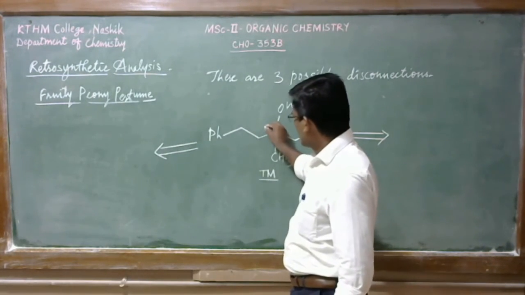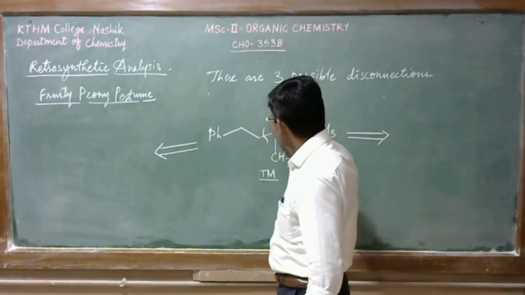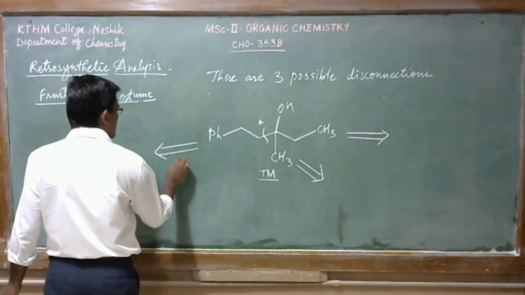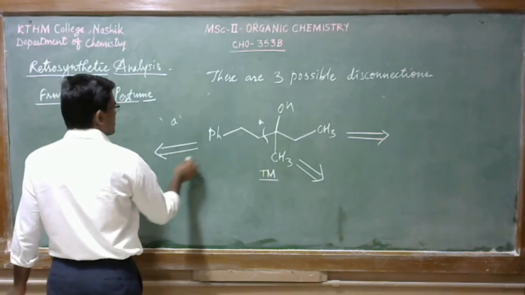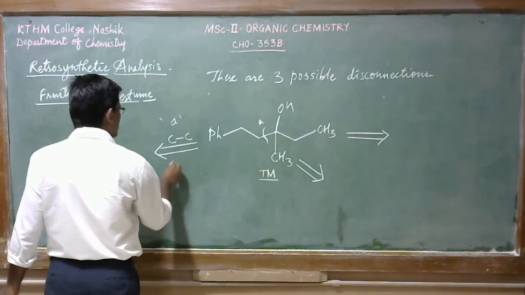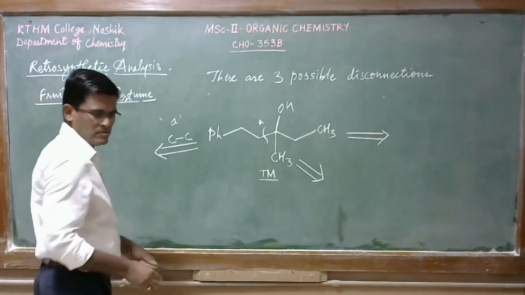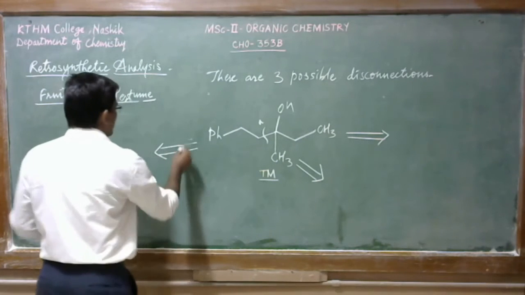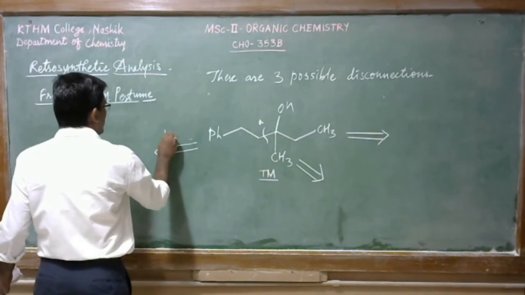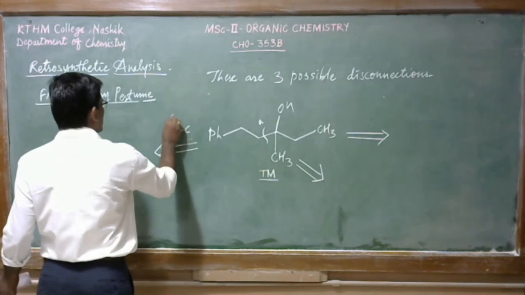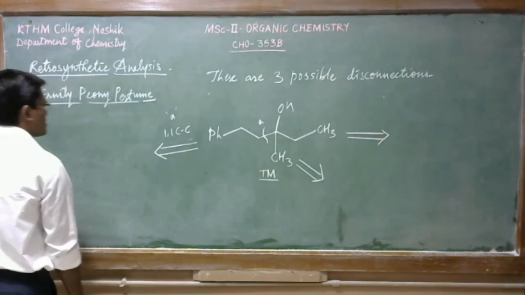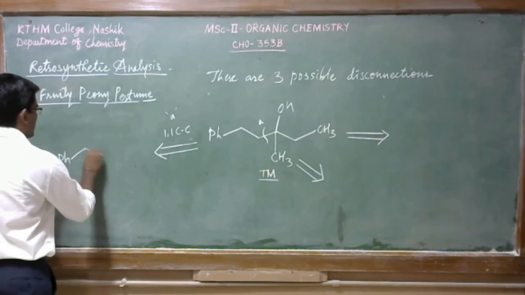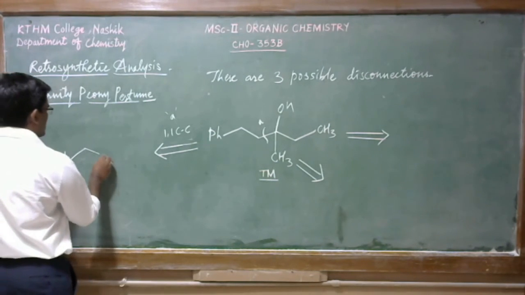When you break this bond, when you cleave this bond, let us say this is A disconnection, carbon carbon, that is, as I said before, one carbon carbon disconnection. So we could get two synthons.